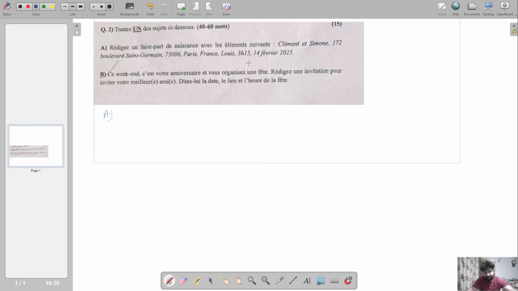It says that these were the names, so I will start with the names. Because I'm writing an announcement, remember that at the time of writing an announcement, it's always good to start with the name. So I write Clément et Simon.